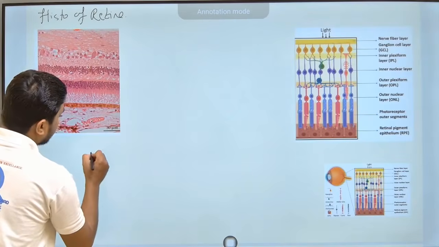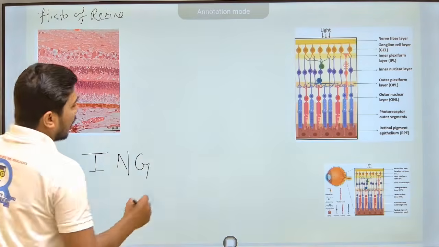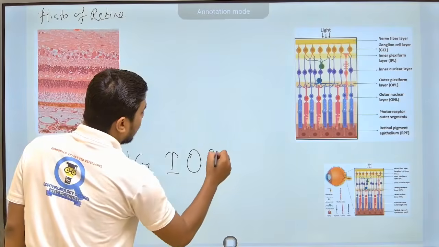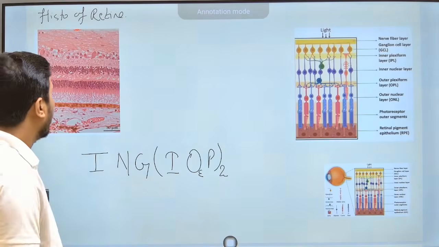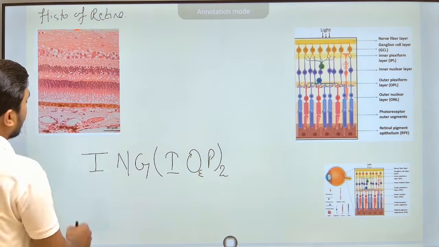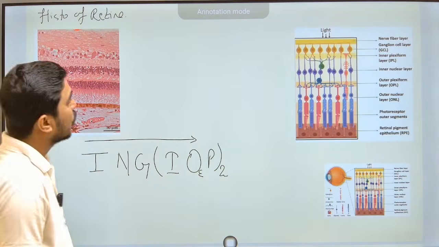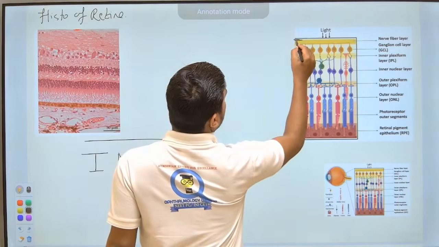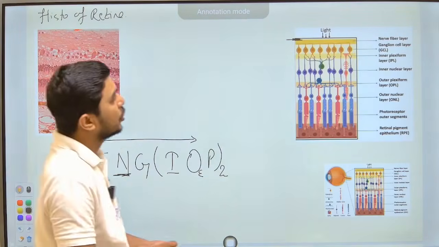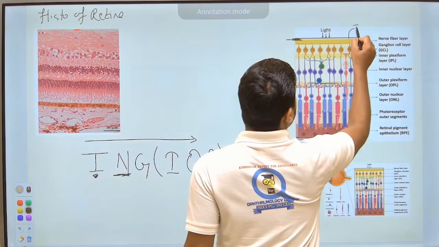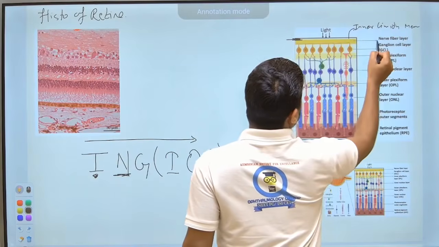How will you remember? Just write I, O, P and put I, O, P in brackets, and here put an E and here a 2. Now from inner to outer, the first is the inner limiting membrane, then the nerve fiber layer.